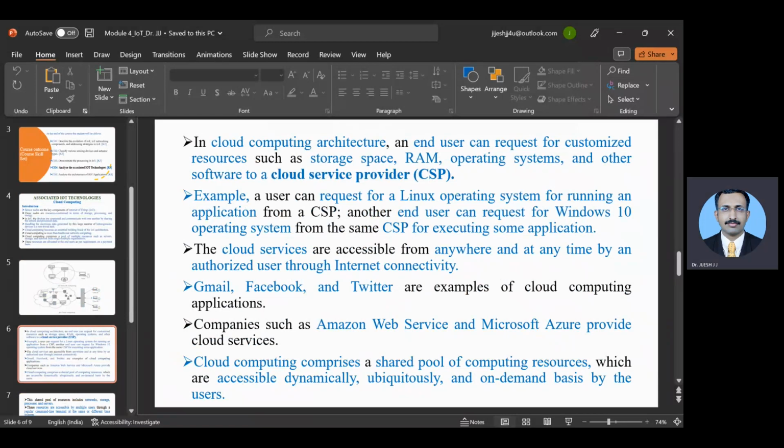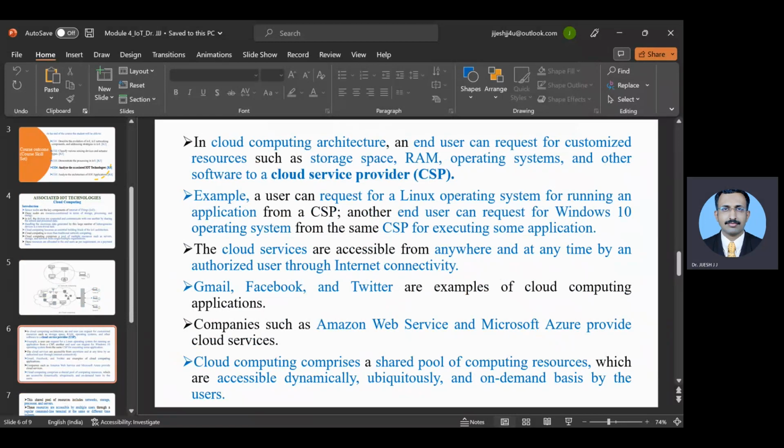Some applications like Gmail, Facebook, Twitter are examples of cloud computing applications. You can also say that companies such as Amazon Web Services, you have heard about that? Okay. And Microsoft.